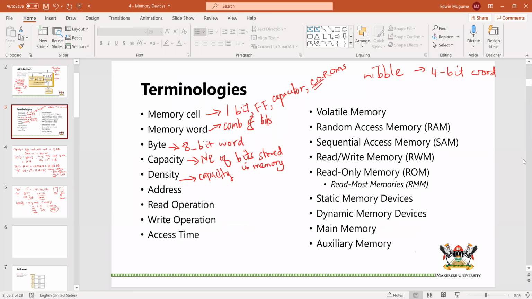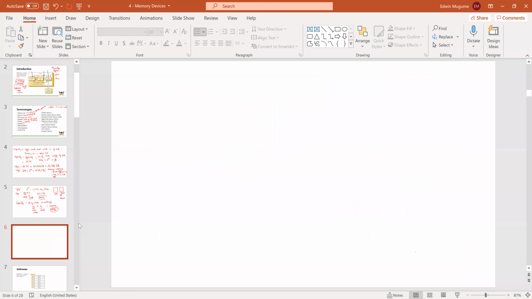Address, yes. I've already said that your memory is going to be packed with a lot of memory devices. If you have 16 by 4, you're going to have 16 registers. Each register will be 4 bits. So something like this, those are 4. You're going to have another line here.